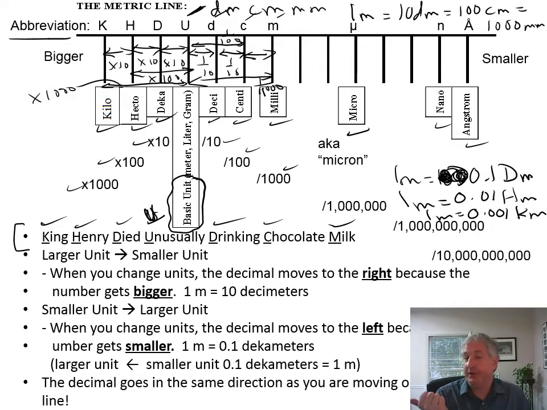It just moves in the direction that you're on this number line. So if you're making 1 meter equal to 10 decimeters, you move the decimal point to the right. And if you're going from a meter to decameters, then you move the decimal point to the left. All right, so next slide.